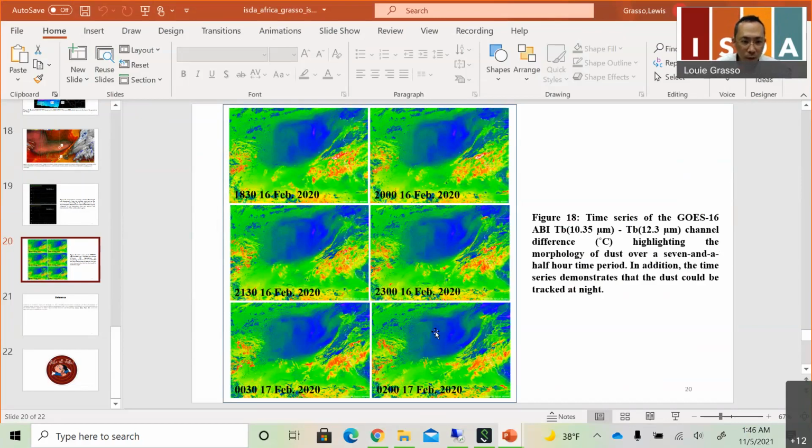So that's right. The difference between using the split window difference over the ocean and over land is that over ocean, you're not going to see a diurnal cycle that you will see over land. Exactly what you're talking about. You will see a definite diurnal cycle over land. In addition, over the ocean, you don't have a difference in emissivities between these two infrared bands. You absolutely do have a difference in emissivities over land.